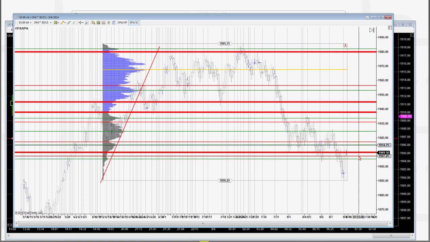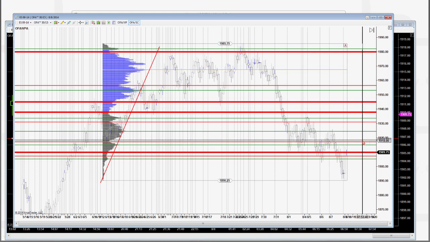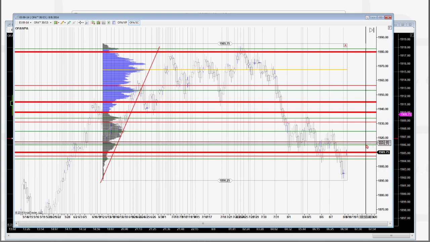If at this 1907, 1906.75 area sellers can't get price down through here, and it is rejected and price starts moving up, we would look for price to move up to this 14, 15 level and test 17. If price comes through this 17 level, you need to understand that even though it comes through 17 quarter, it may still come down.